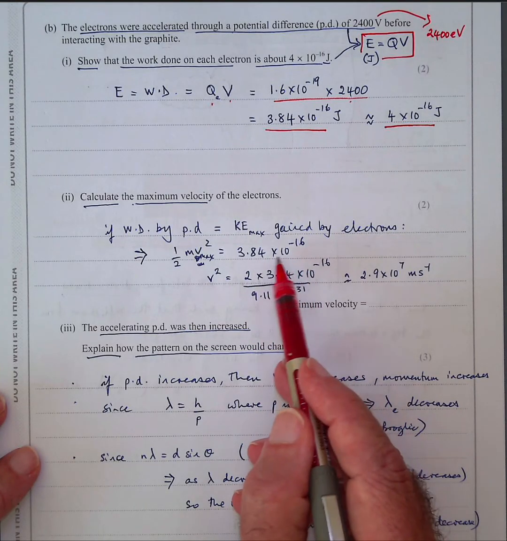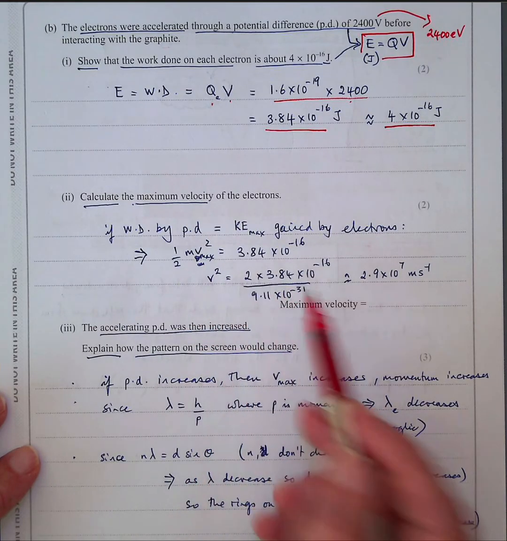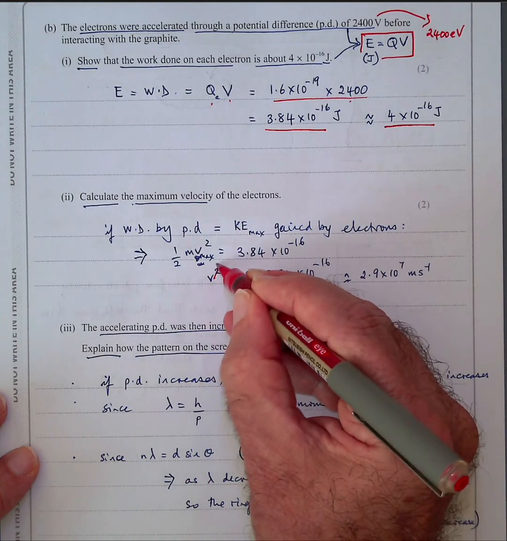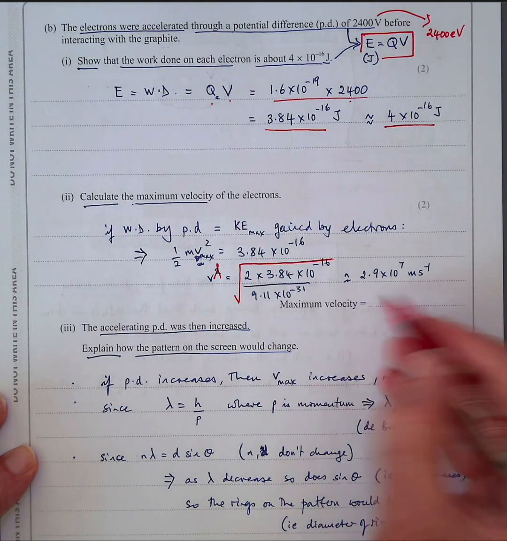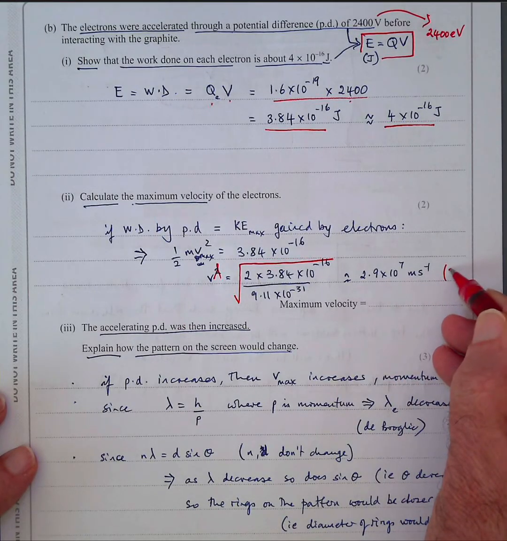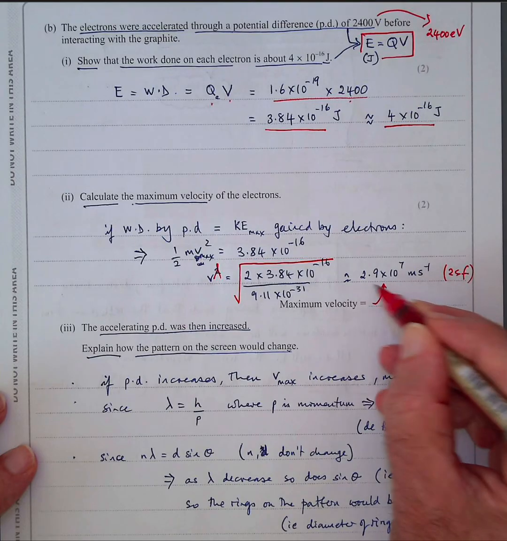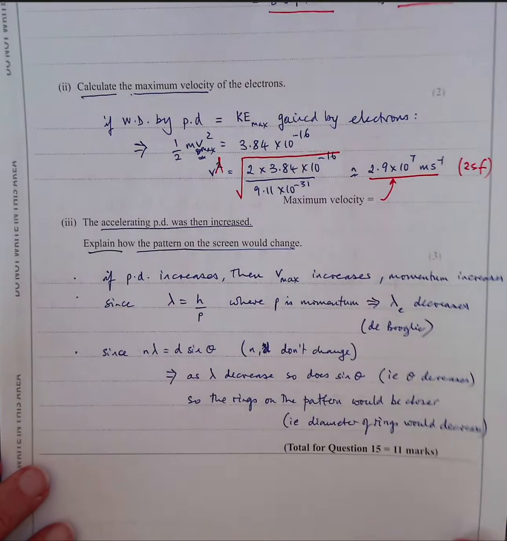So you put the energy on the right hand side, and then you change the subject, get v squared, you square root it. Yeah, so you take that off, put the square root over there, put it in your calculator, and it gives a number approximately to two significant figures of 2.9 times 10 to the 7 meters per second. Okay.